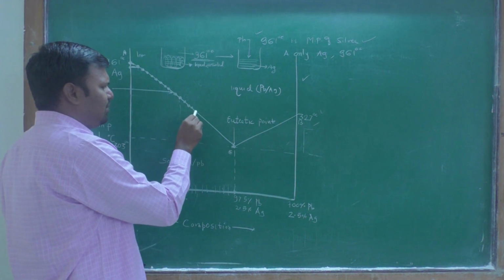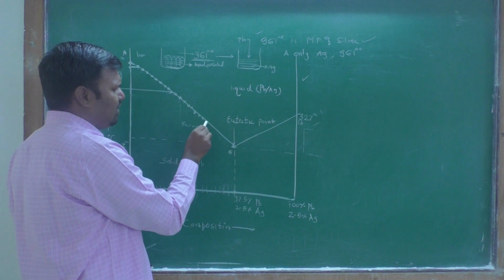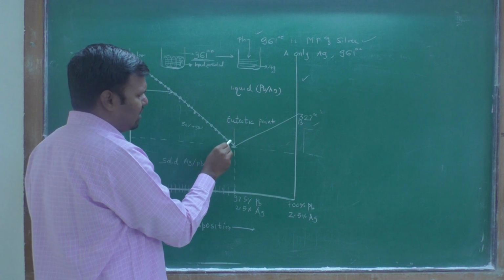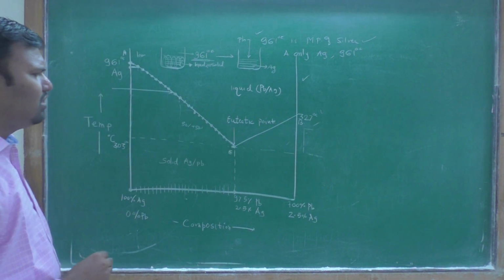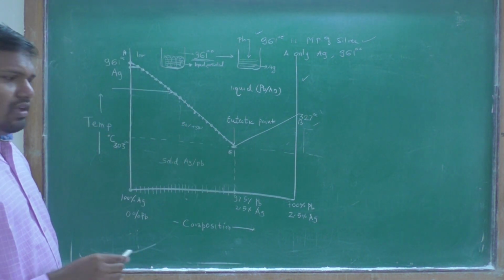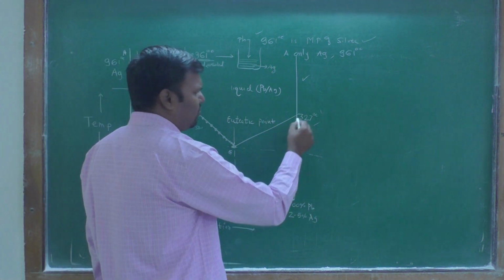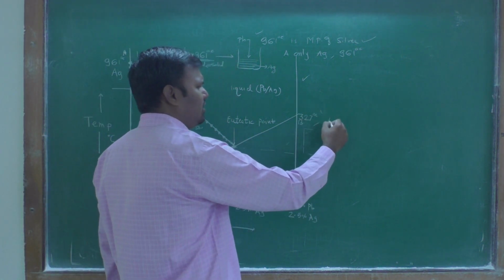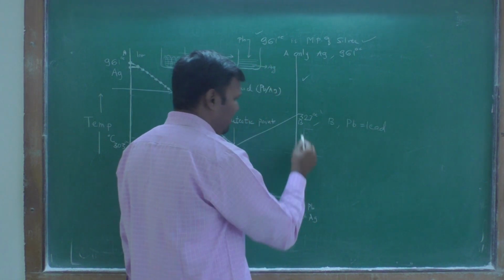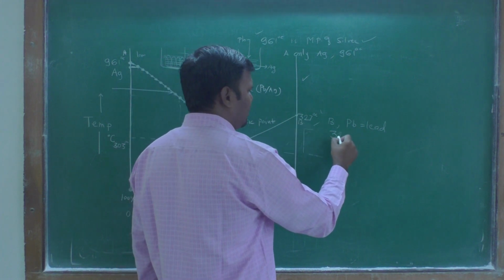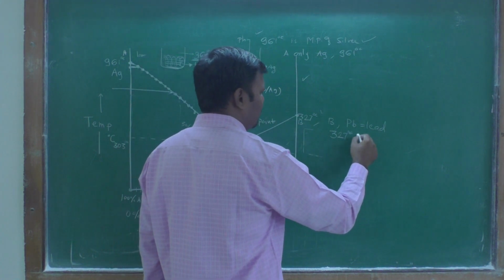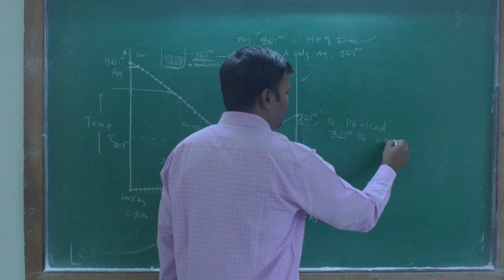As you add the Pb to this system, the melting point or the freezing point of this silver goes on decreasing up to the point C. Now at the second point B, you have only Pb, that is lead, and lead melts at 327 degrees Celsius. In this system there is only 100% Pb, no addition.